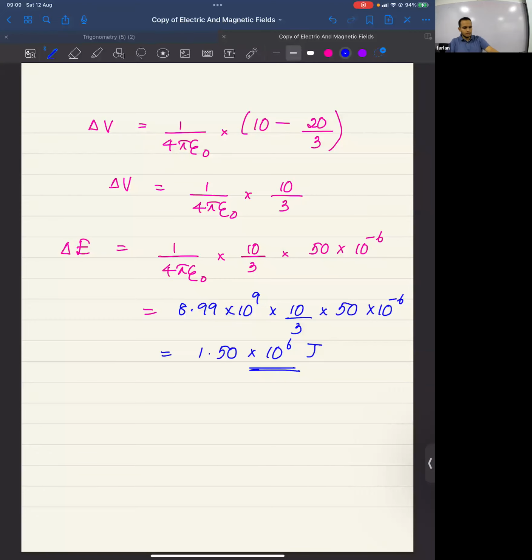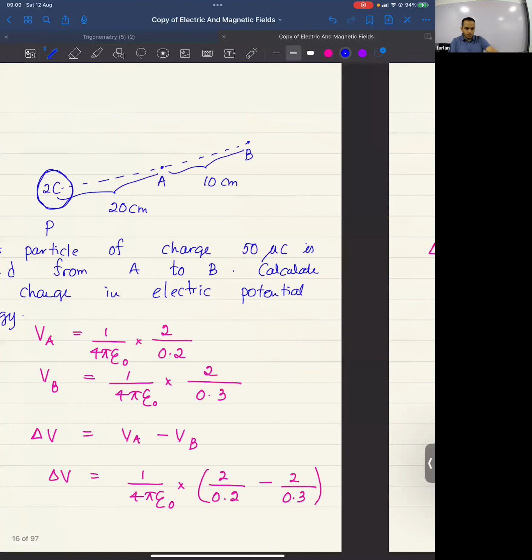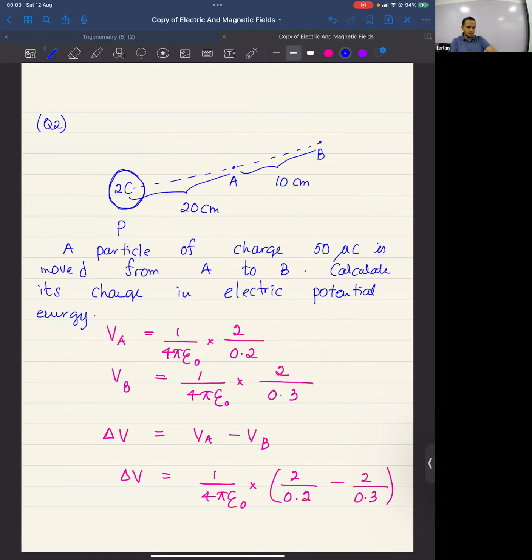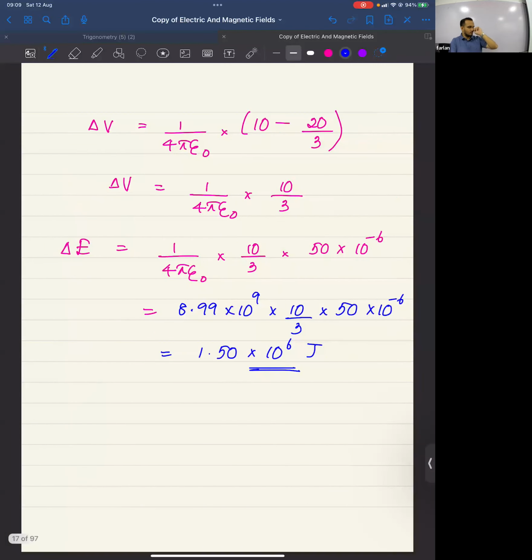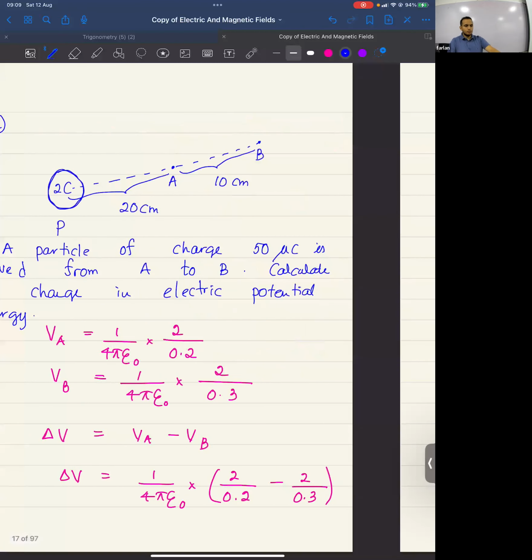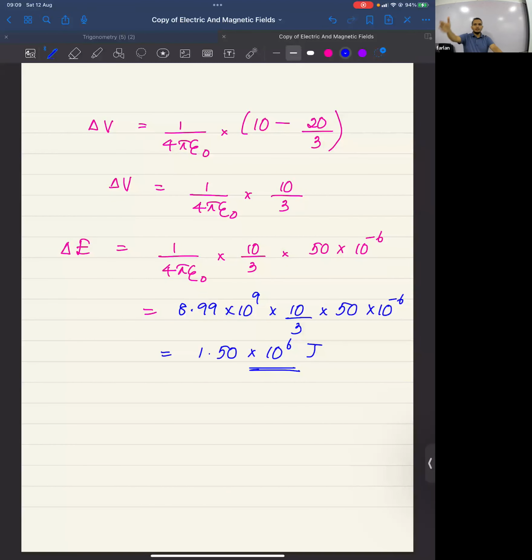Now tell me this. I asked you for the change in electric potential energy. When you move the charge from A to B, will the electric potential energy increase or decrease?